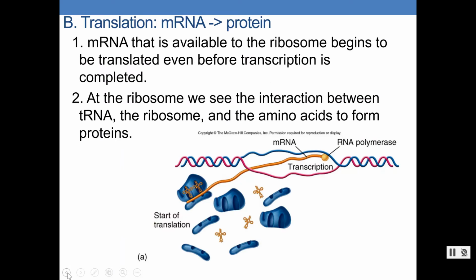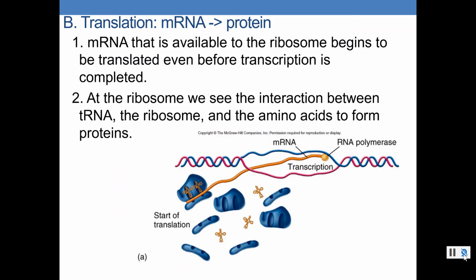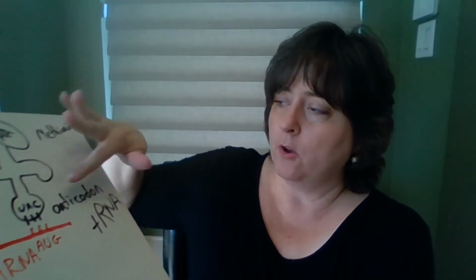But to start this process, we need the mRNA, we need the tRNA, and then we need the large and small subunits of the ribosome.